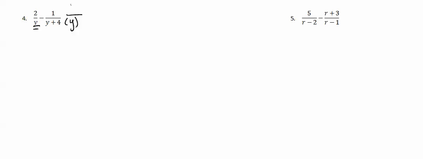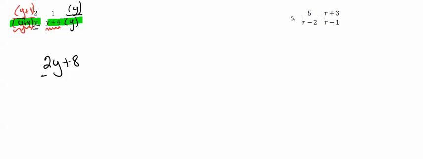But to do that and not change the problem, I do y over y because that's 1. Multiplying by 1 won't change it. And I need to put a y plus 4 over on this side. So I multiply by y plus 4 over y plus 4. So now if I compare the two, you'll notice now they're exactly the same. So I will distribute the numerator for the first one, 2y plus 8. I'll keep my denominator.